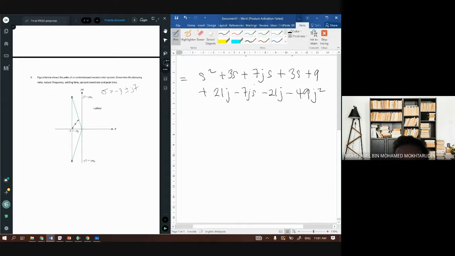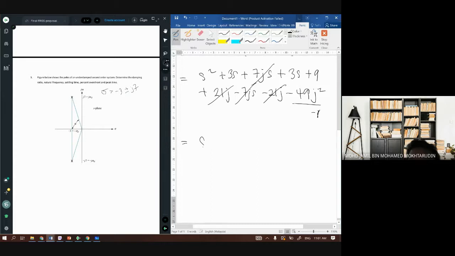Simplify, this cancels, this cancels. j squared becomes -1, so you get positive 49.